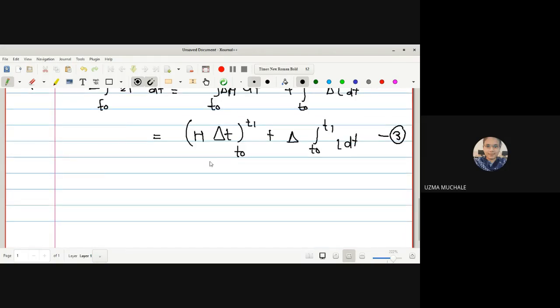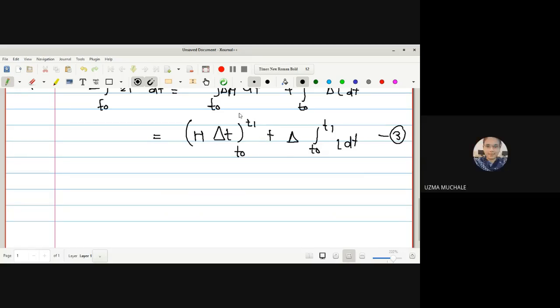Now what is our aim to prove? This equation 3 is equal to 0. If I want to prove this equation 3 is equal to 0, what will I prove, because we cannot touch this one. H is constant, so this is fixed as it is. So what do we have to prove? This whole term is equal to minus of h delta t within the limit t naught to t1. Correct? Are you getting me? Yes, ma'am.